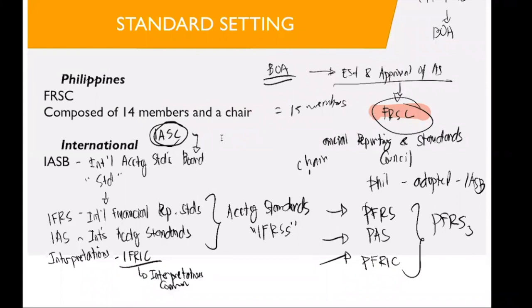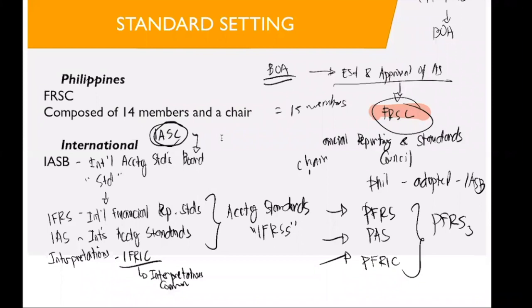We just change international to Philippines, anything that has international in the standard. What we do is just adopt standards coming from the International Accounting Standards Board.